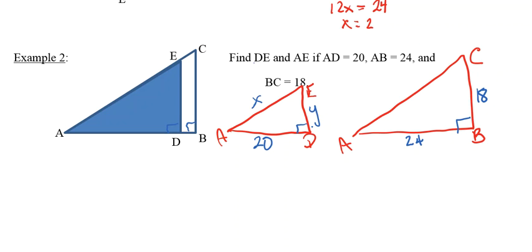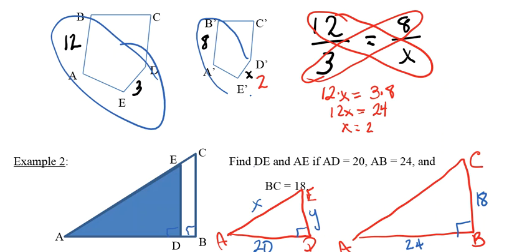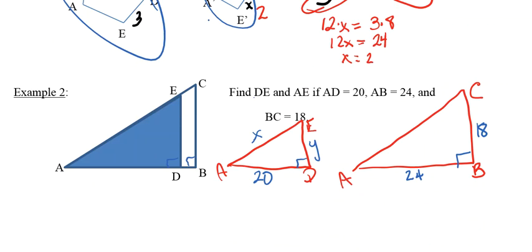Now, in example 1, I made the ratios based on the shape. So I kept these together and these together. That's one way to do it. I can also do it based on where they're at in the shapes. So I'm going to do this bottom with this bottom. I'm going to do 20 over 24 equals... Now I also know this side, and then I'm looking for that side.